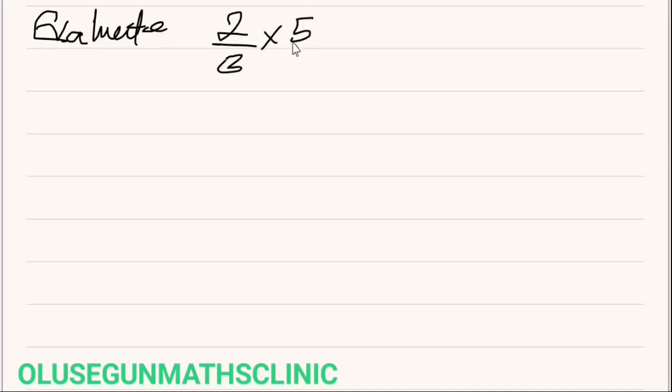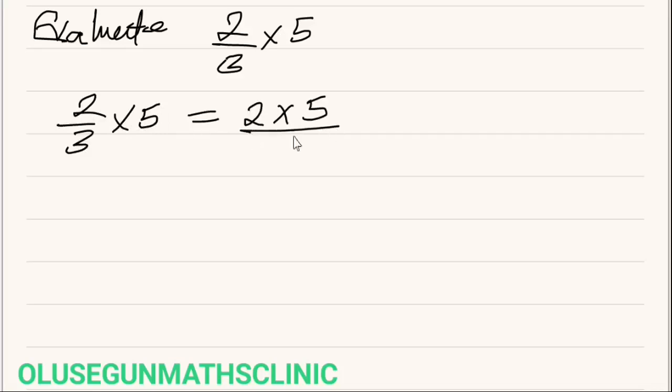So let's have an example. Let's say evaluate 2/3 times 5. So in evaluating this, to have 2/3 times 5, it will be 2 times 5 over 3.